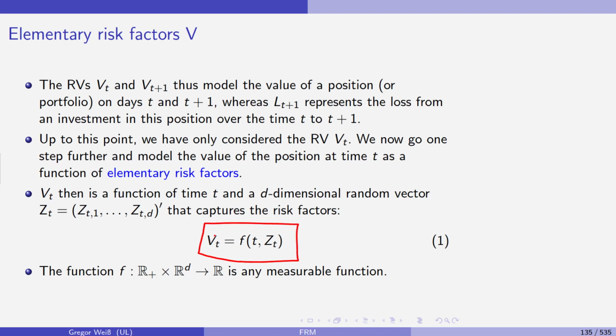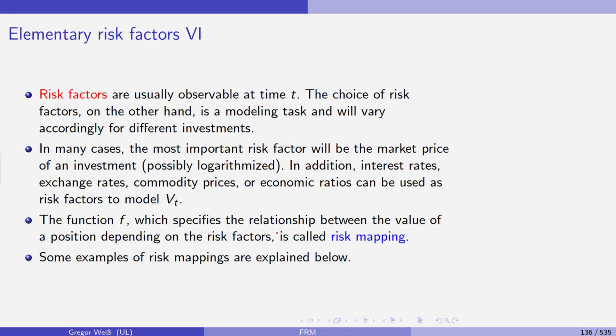Very simple. For example, if we have a stock investment, zt could be a risk factor, business forecast, analyst forecasts, general business outlook for the industry, for the sector, and so on. So risk factors are usually observable at time t, and the choice of risk factors is a modeling task.